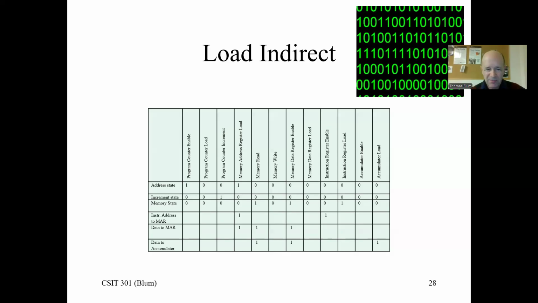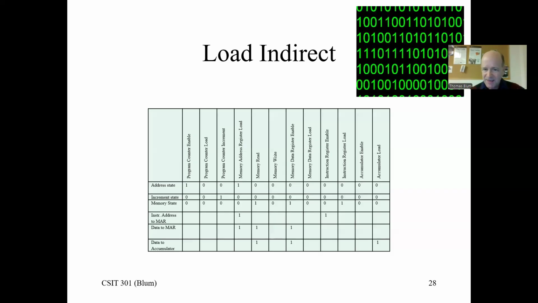Now in step 5 there, I'm ready to read something, and what I'm reading is another address, and addresses go into the memory address register. So my memory read is active. My memory data register enable is active, so I'm putting the value on the bus, and then it's being fed into the memory address register because in load indirect, I have an address of an address.